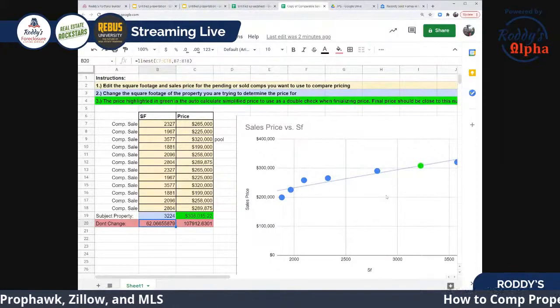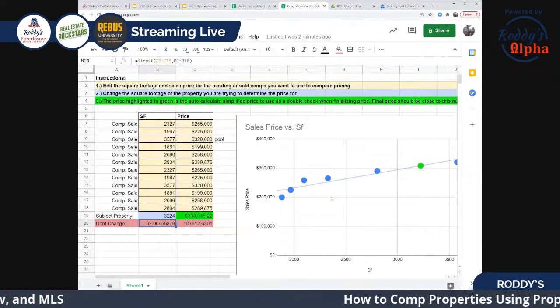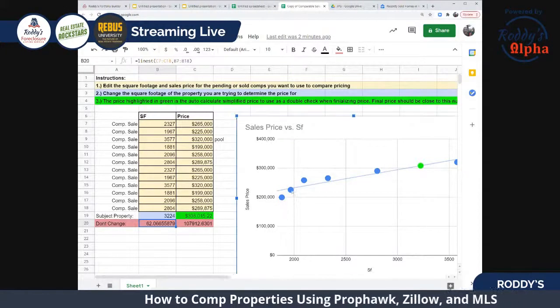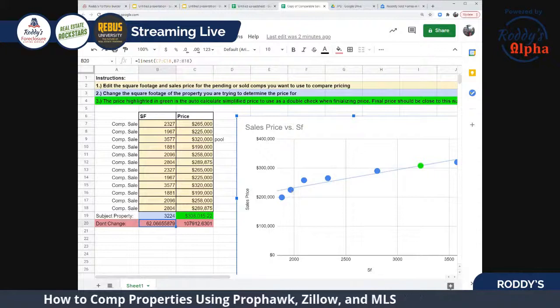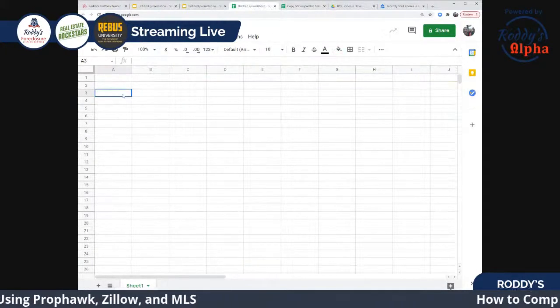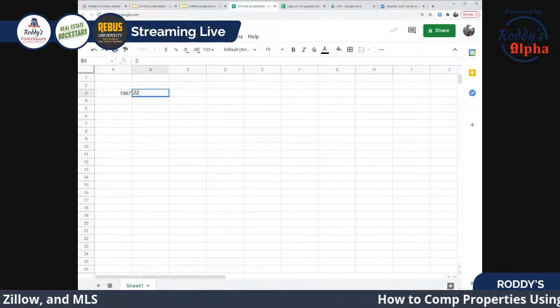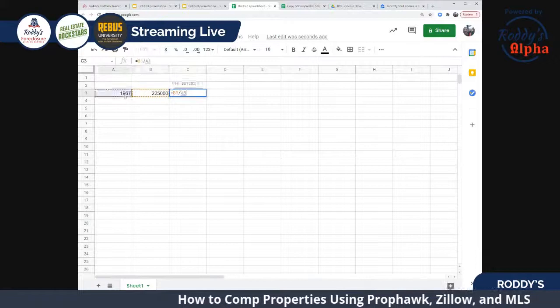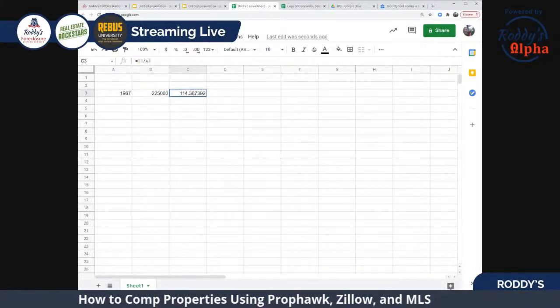Now, one thing that you want to make sure you don't do, that a lot of people do: they look at this one, almost 2,000 square feet. 1967 square feet sold for 225,000. A lot of people will say that's actually $114 a square foot.